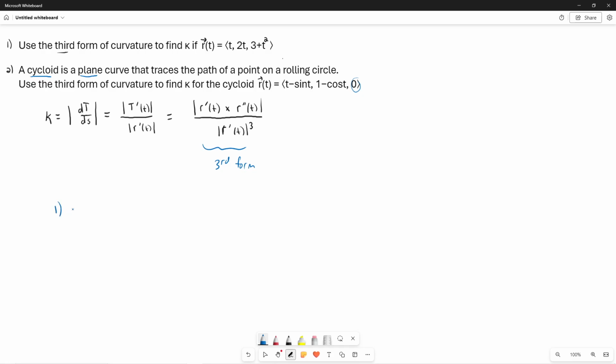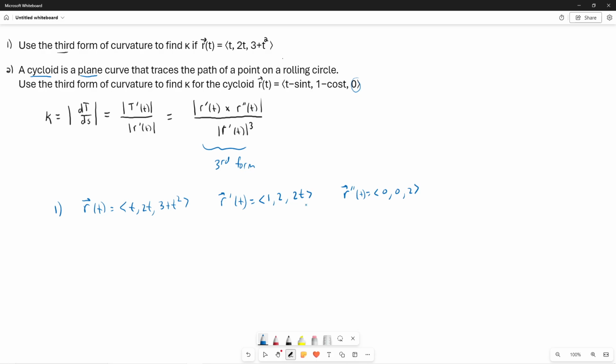So for the first one, r of t is ⟨t, 2t, 3 plus t squared⟩. So we need r prime of t and r double prime of t. r prime of t is ⟨1, 2, 2t⟩, and r double prime of t is ⟨0, 0, 2⟩.